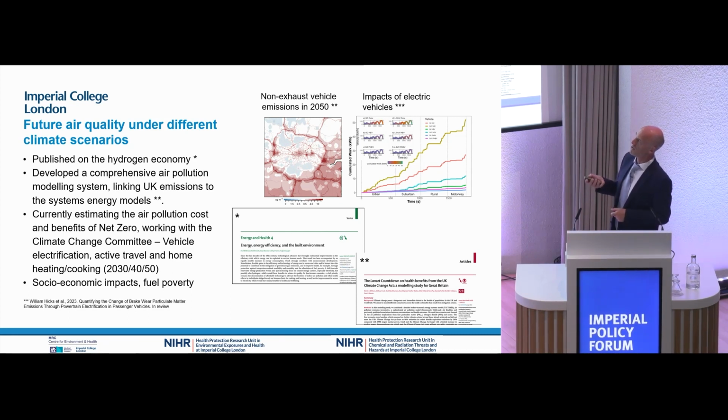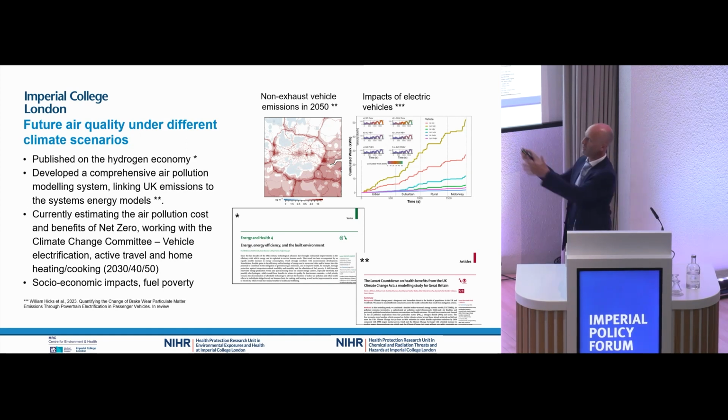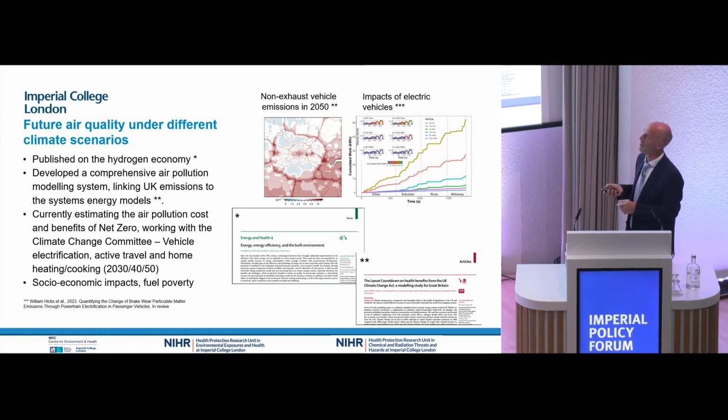And that brings us on to the current work that we're doing, which is working with the Climate Change Committee, looking at the impacts of their sixth carbon budget, which is the pathway, if you like, the UK government needs to take in order to get to net zero. And so we've been looking at 2030, 2040 and 2050.